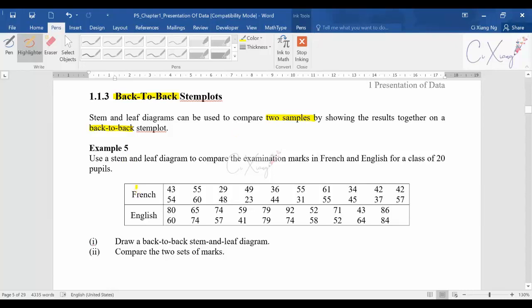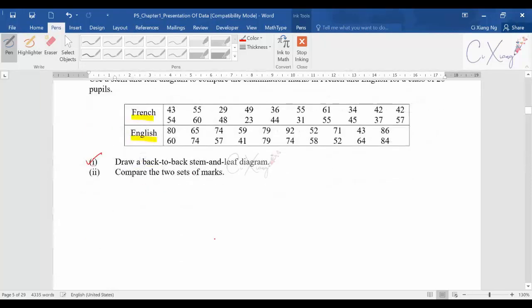Let's have a look at example 5. They are having the exam marks for 20 students for two different subjects, French and also English. First, they want you to draw the back-to-back stem plot or stem and leaf diagram. And the second one, they want you to compare the two sets of marks. For a back-to-back stem plot, it will look something like this. Your stem is in the middle.